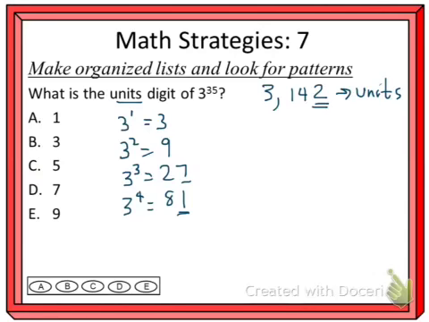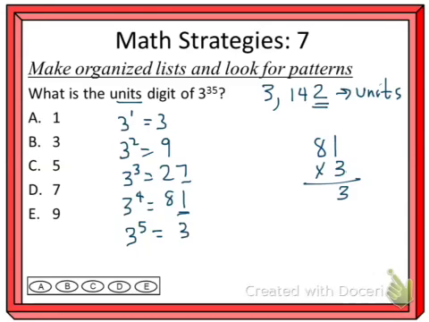Now, for the rest of these, I'm just going to multiply that units digit from the previous one by 3. Right? For example, if I'm going to find 3 to the 5th power, it would be 81 times 3. But the units digit is only going to come from the 3 times the 1, which is 3.